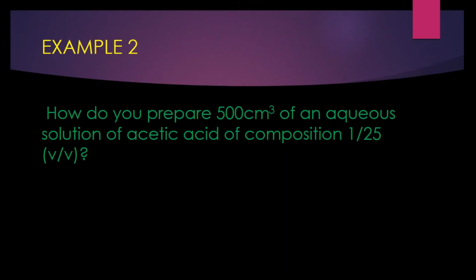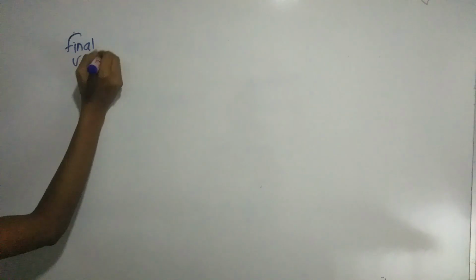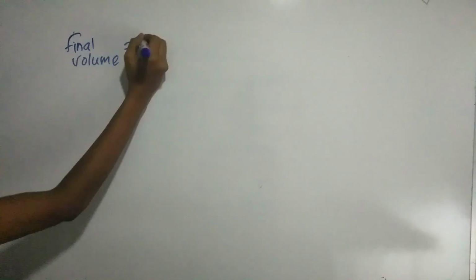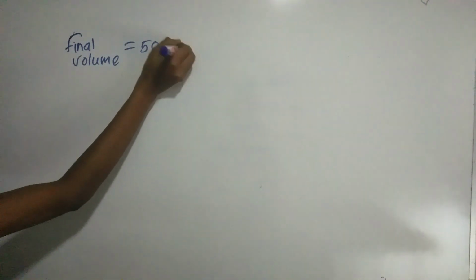Example 2. How do you prepare 500 cubic centimeters of an aqueous solution of acetic acid of composition 1 over 25? Here they have given us the composition. Here they have given us the final volume. Final volume means the volume of the solution as 500 cubic centimeters.